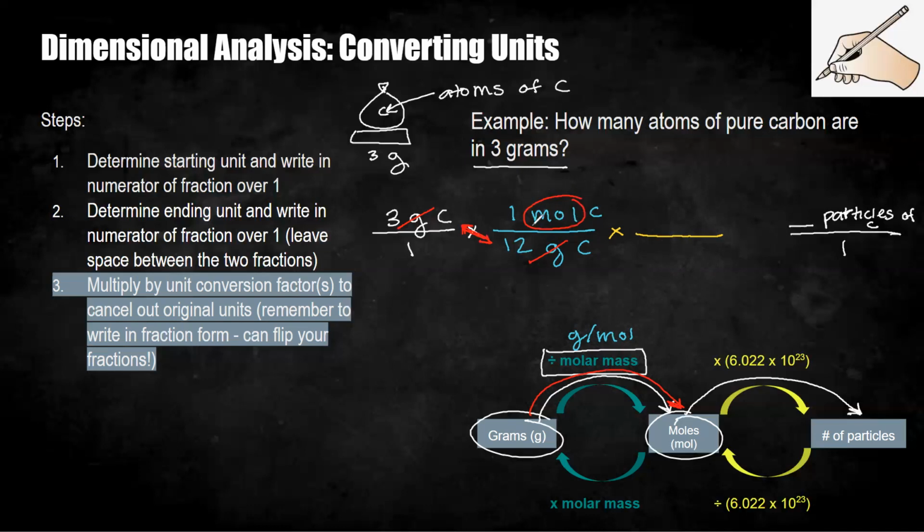This time I'm going to be looking to cross multiply and cancel out moles in order to get to number of particles. So I'm going to say that 1 mole of carbon is equal to 6.022 times 10 to the 23rd particles of carbon. I'm just going to write C to indicate that that is particles of carbon, mostly because I'm running out of room.